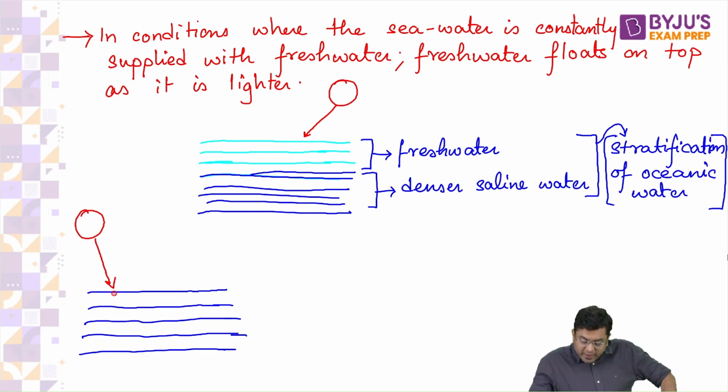So here, when we talk about this, we will have the solar insolation because the water is obviously transparent. So almost transparent, translucent of sorts. So you will have the heat being transmitted all around.